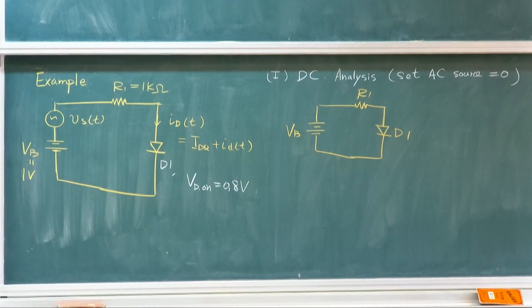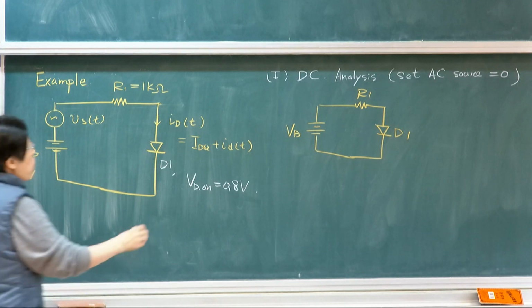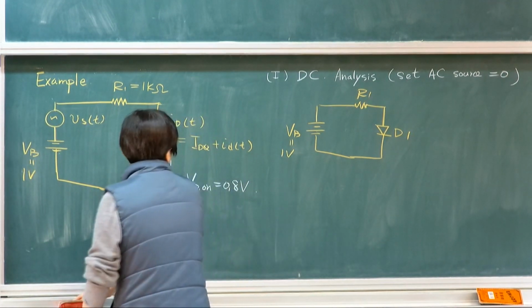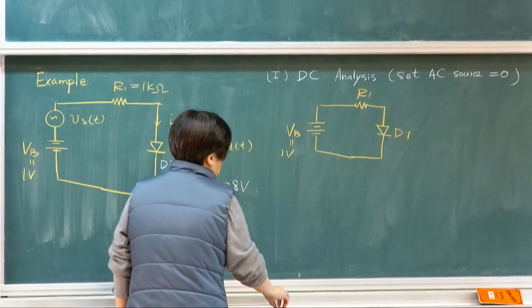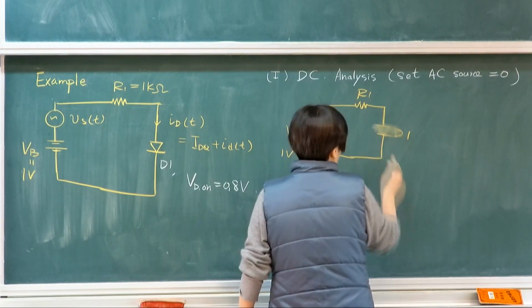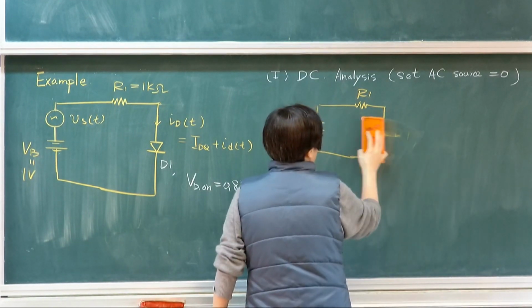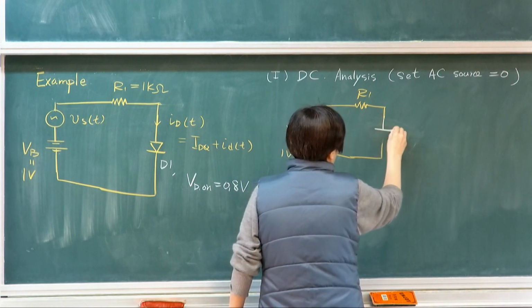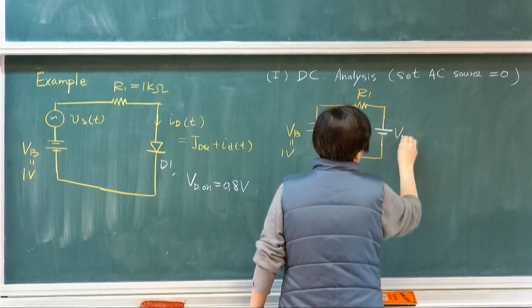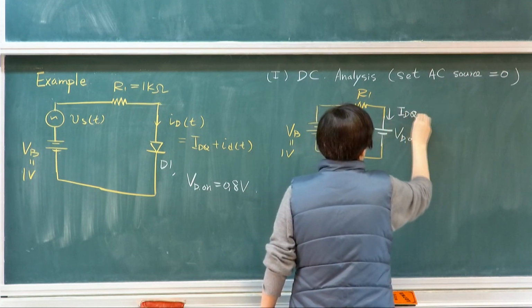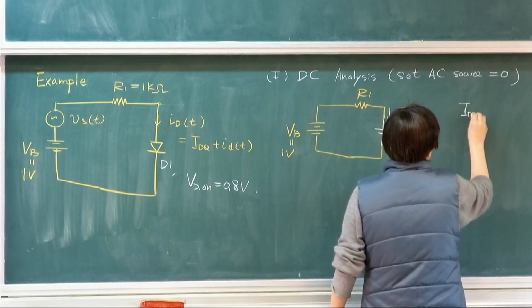Okay. If I'm assuming it's applying 1 volt, we know the diode turns on. Based on the diode constant voltage model, this will simply be VD on. So we want to find out IDQ at this point.